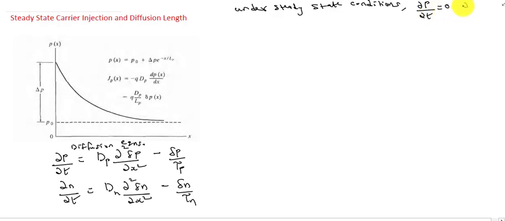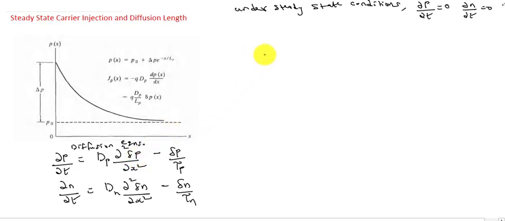Similarly, ∂n/∂t equal to 0. So this is the LHS term, that is ∂p/∂t or ∂n/∂t. The rate of hole flow or the rate of electron flow will be equal to 0 under steady state condition. The time derivative will be equal to 0. That is steady state conditions.